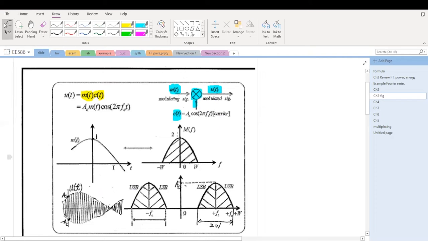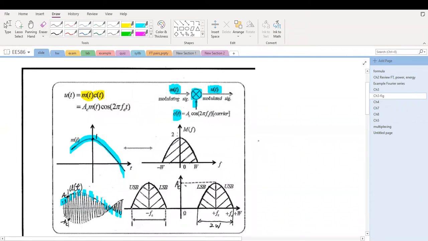This is a multiplier, and we generate the modulated signal. In time domain, if I have m(t) in this shape, the magnitude of the modulated signal should change with the shape of m(t). For the spectrum of the modulated signal, we will move the spectrum of the message to fc and minus fc.